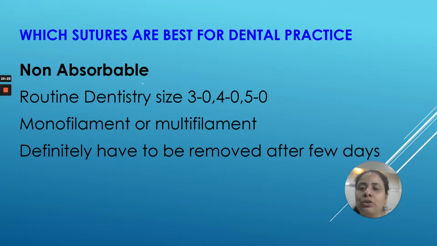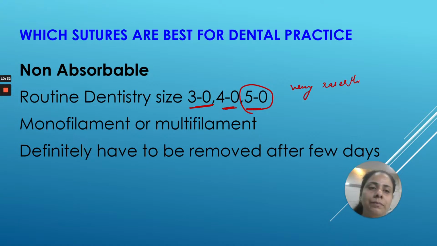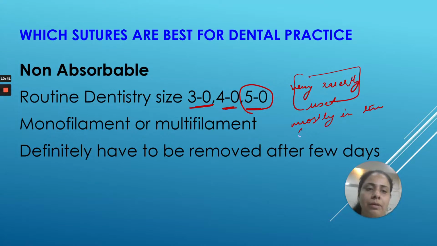You can also use non-absorbable sutures. Routine sizes that we use are 30, 40 and 50. 50 sutures are very rarely used, mostly in the cosmetic zone, upper anteriors.